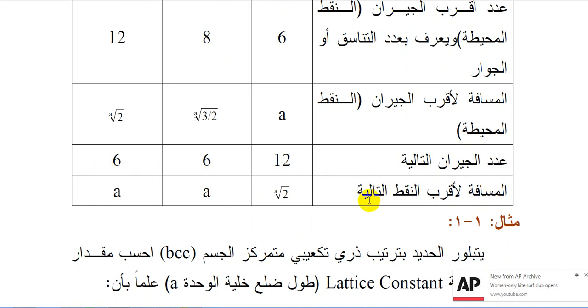The distance for the closest subsequent points is the root of 2 times A. يعني الجذر للقيمة A للثنين، جذر الثنين للقيمة A.